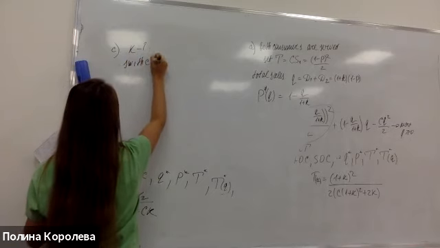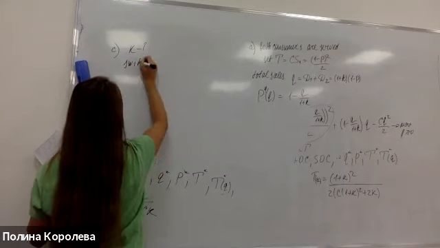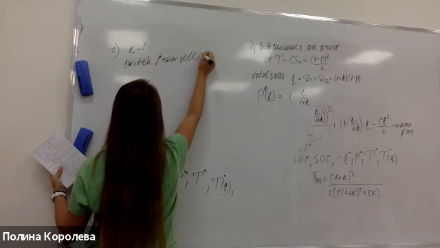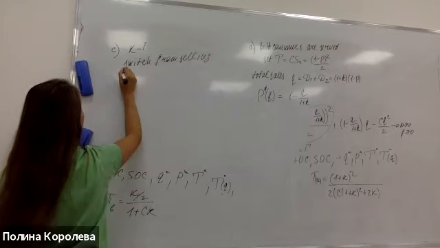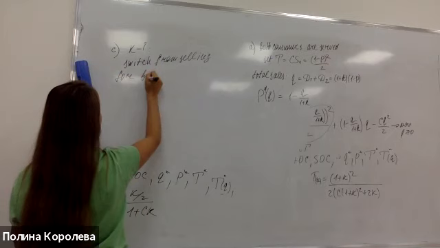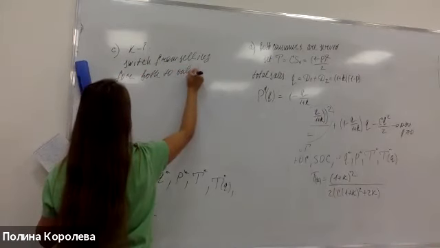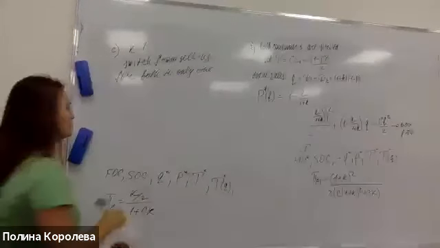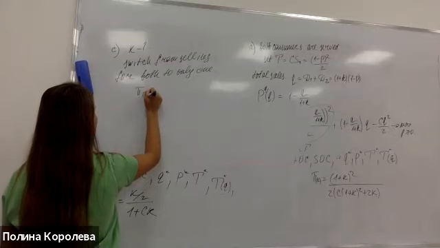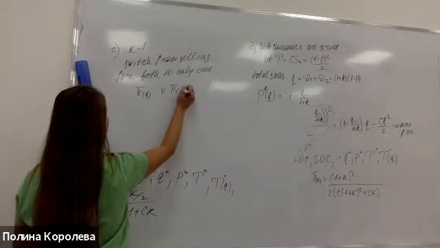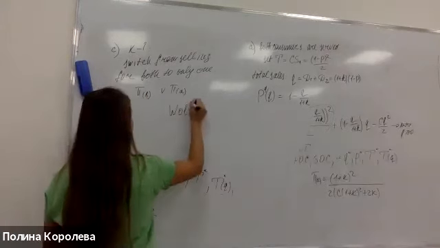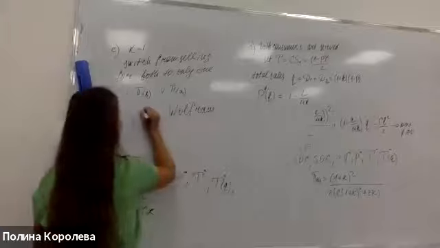Switch from selling to both, to only one. You should compare these two profits, B compared with A, and you can do it in Wolfram. k should be more than 2, no?